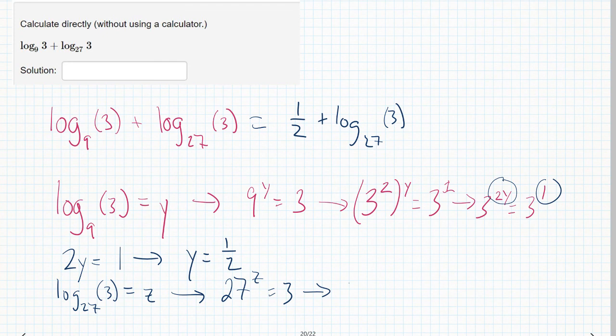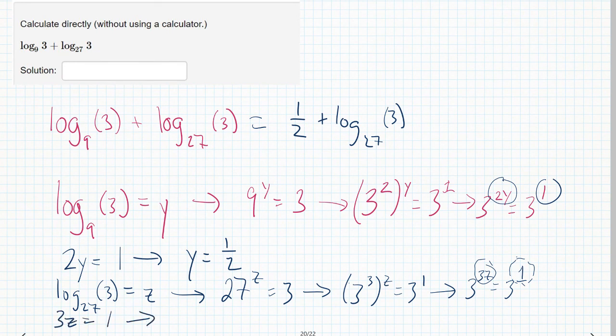Well, notice 27 is 3 cubed, so we can write it as 3 cubed to the z equals 3 to the first, and then that means 3 to the 3z equals 3 to the first. And what do you know? That one-to-one property says we can just look at those two pieces. And so that means we get 3z equal to 1, or z equals 1/3.